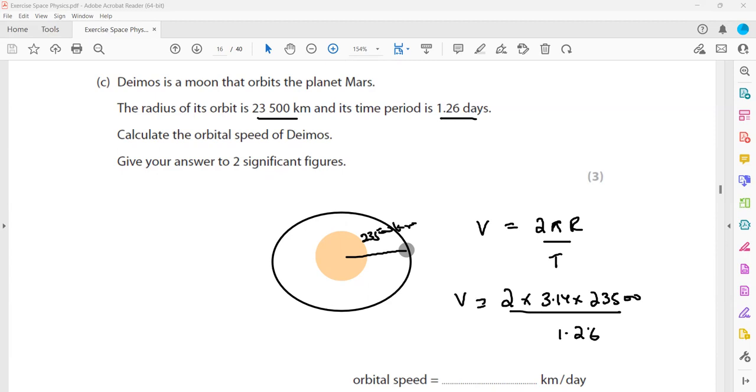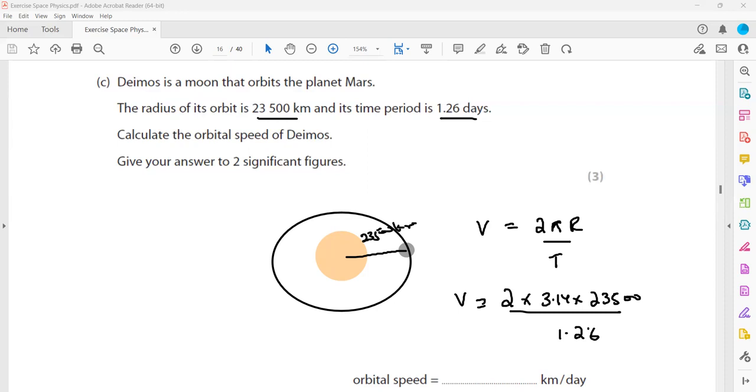What's the final answer when we work out the speed of the moon? So 2 times 3.14 times 23,500 divided by 1.26 is 117,186.